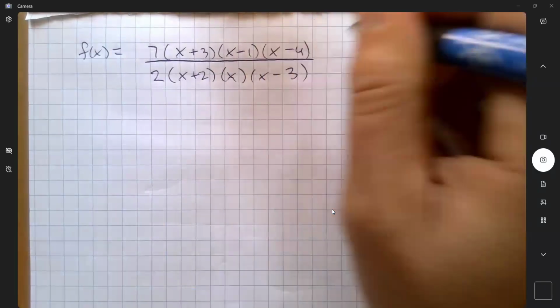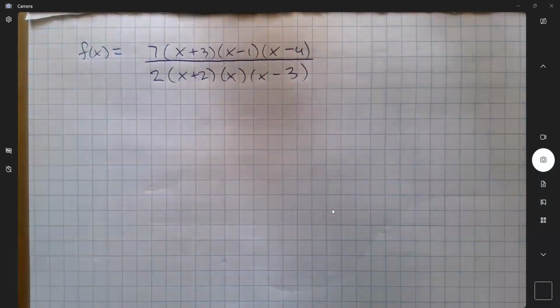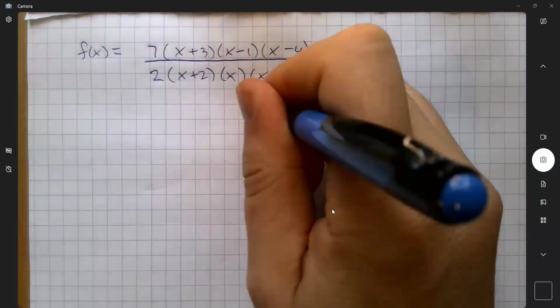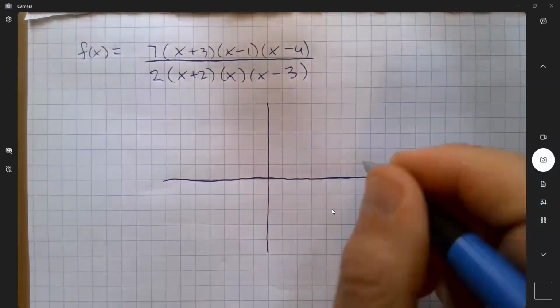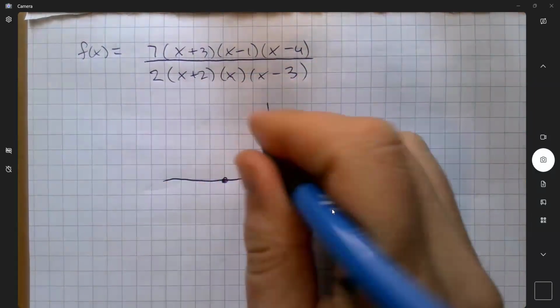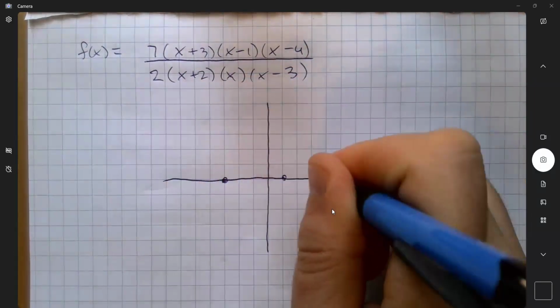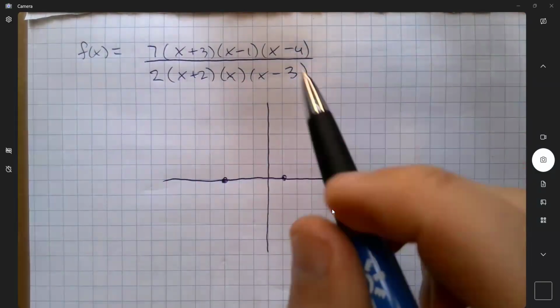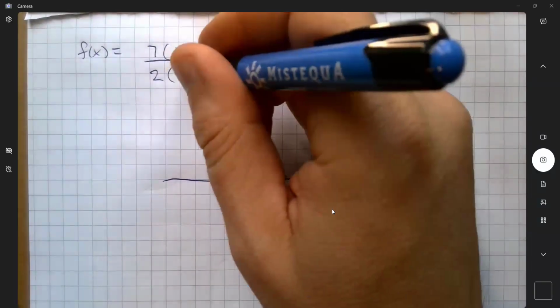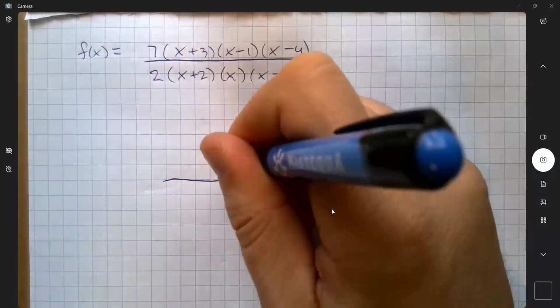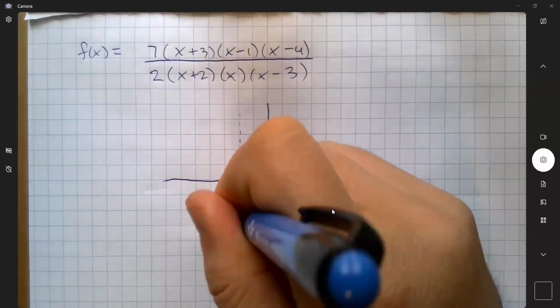Okay. Let's start by plotting our x-intercepts. We have an x-intercept at -3, at +1, and at +4. And now let's plot our vertical asymptotes. X equals -2 has a vertical asymptote.